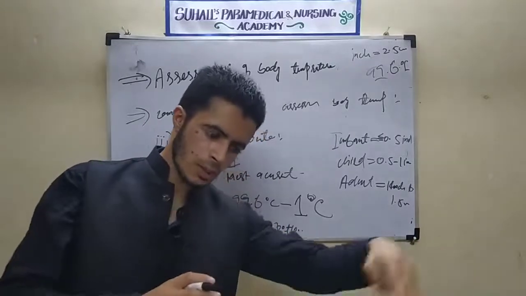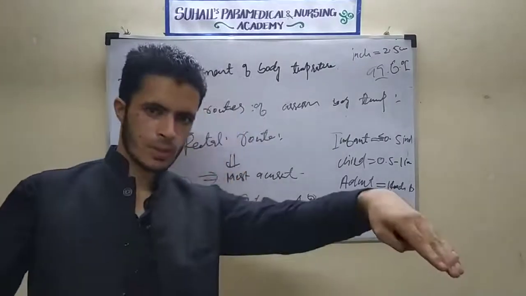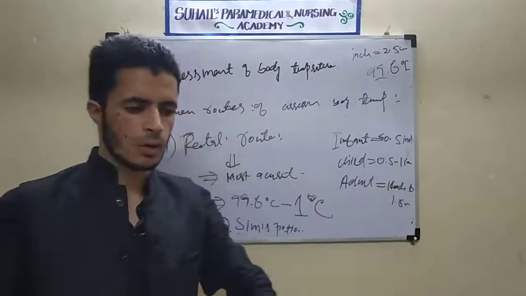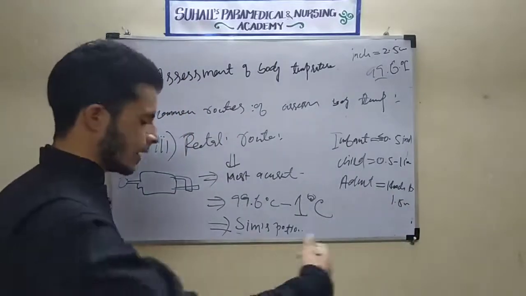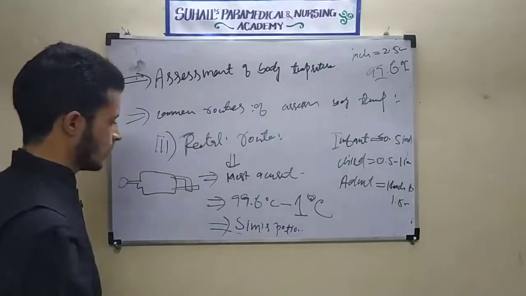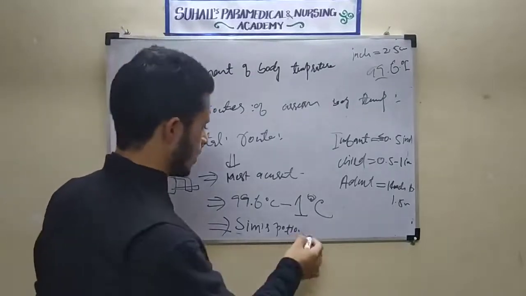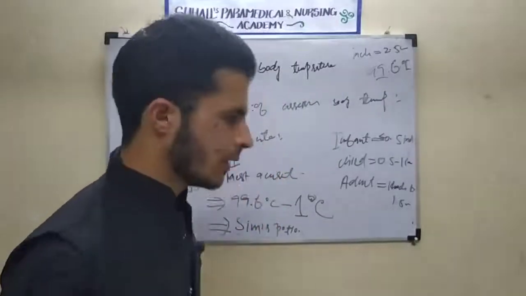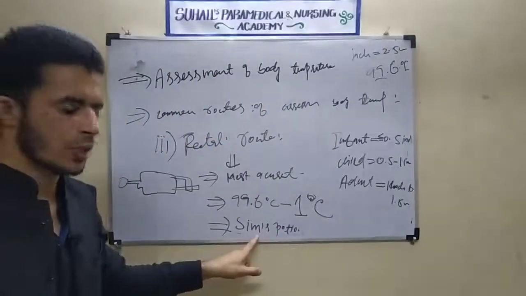Then on the lateral position, one limb is forward and one limb is bent on the forward side, on the front side. So this is the Sims position. First, if Sims position is not possible, then lateral position.